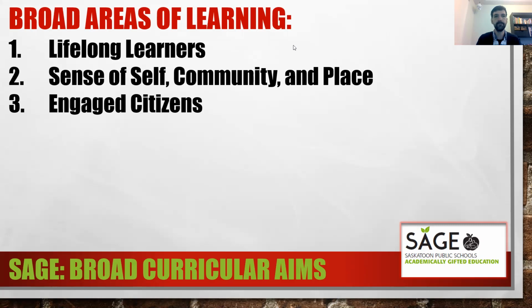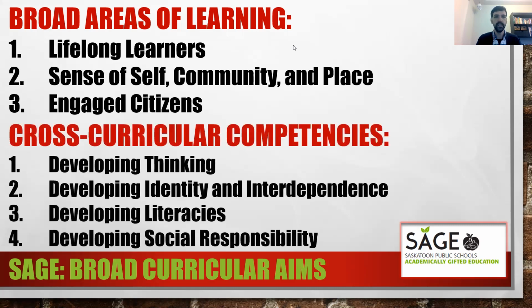The other thing that we work on in all of our curricula are cross-curricular competencies, and this is an especially important part of our SAGE program for the reason outlined in the previous slide regarding the emphasis on interdisciplinary work. So we work on developing thinking habits that stretch across curriculum and that help us understand that each subject area has its own methodology, its own analytic approach. We work on developing identity and interdependence.